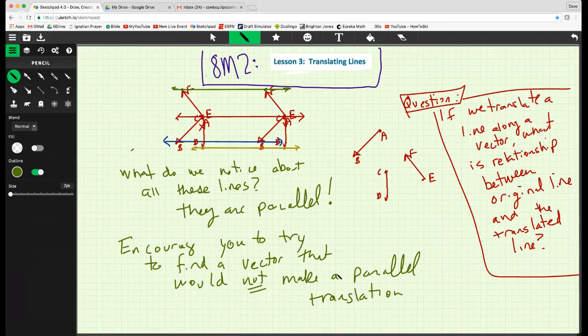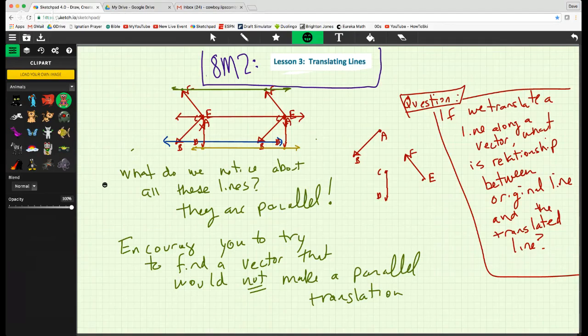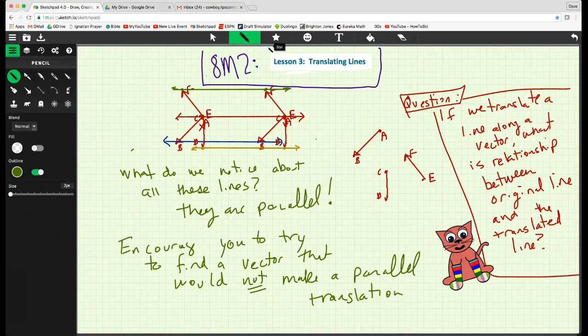And you can't. The answer is if you translate any line along a vector, you will end up with a parallel line, actually with one exception. And let's look at that exception right now. So let's put a happy cat here because we've definitely learned something important. This is a key point: when you translate a line along a vector, what is the relationship?